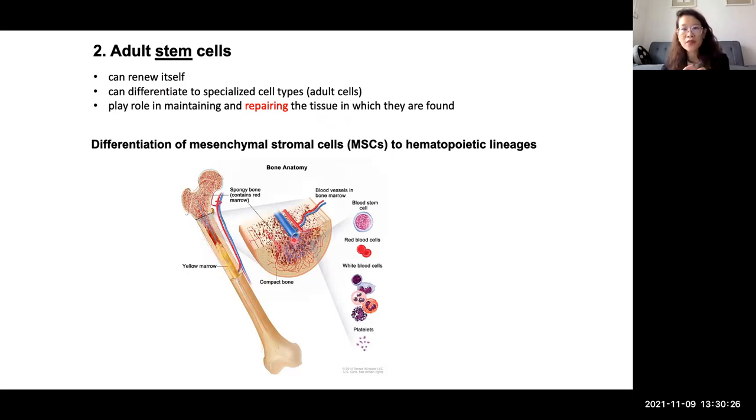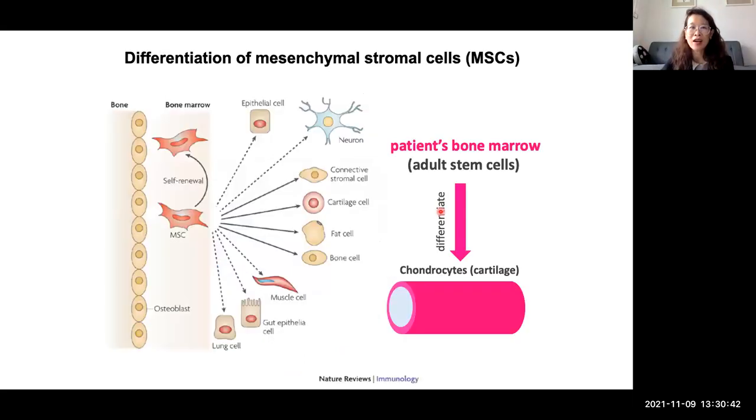When you zoom in, there are so many blood cell types in here, and the stem cells in there can replicate, dividing to be their own type and become other cell types as well. So I show you here. This is mesenchymal cells here. So as I just said, they can replicate, which is self-renewal. They become themselves, and also can differentiate.